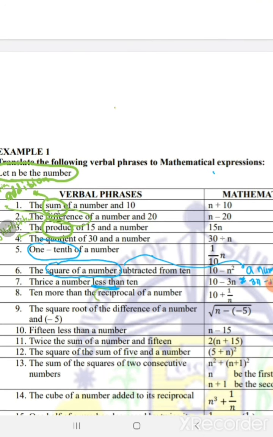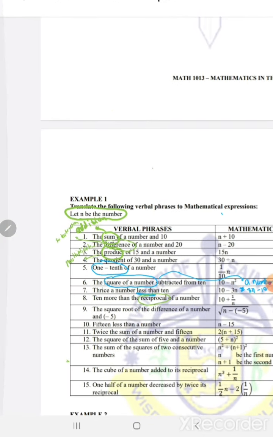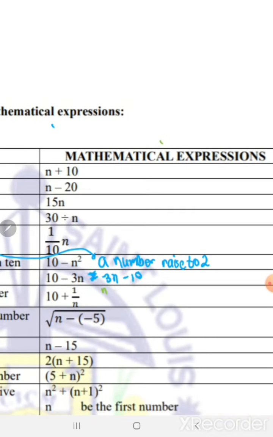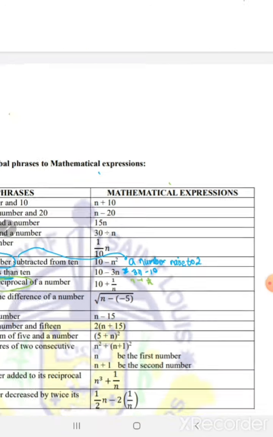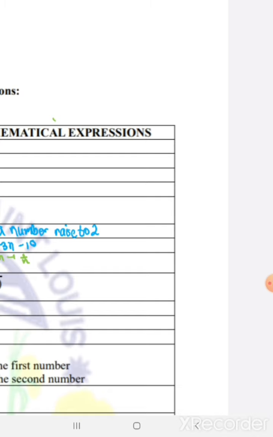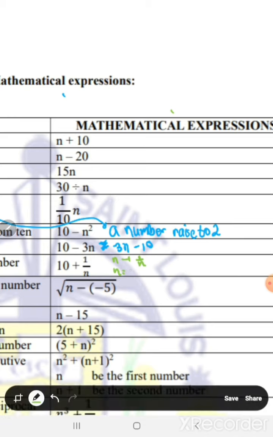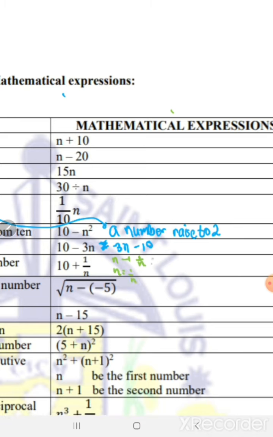A reciprocal of a number n means 1 all over n. That is your reciprocal. If your number is 1 over n, therefore the reciprocal of 1 over n is n.